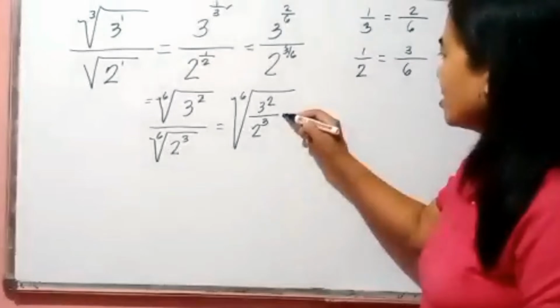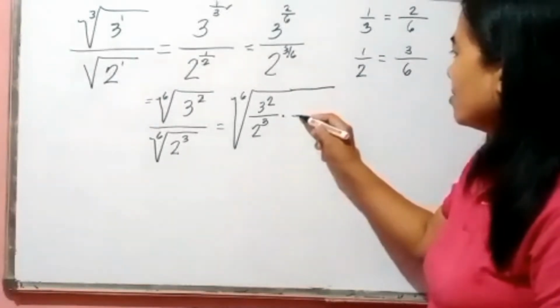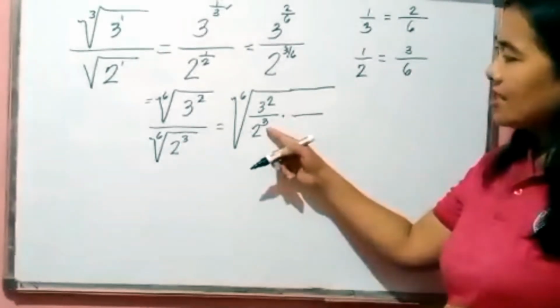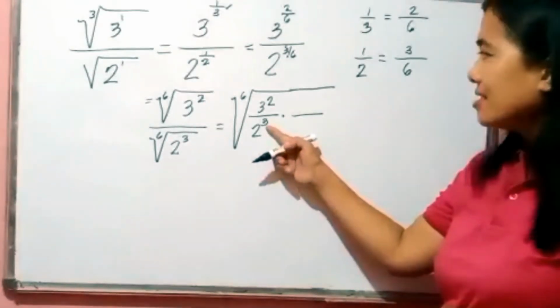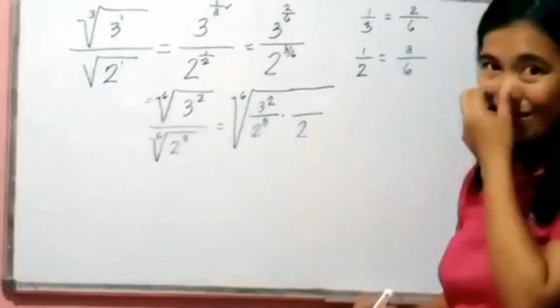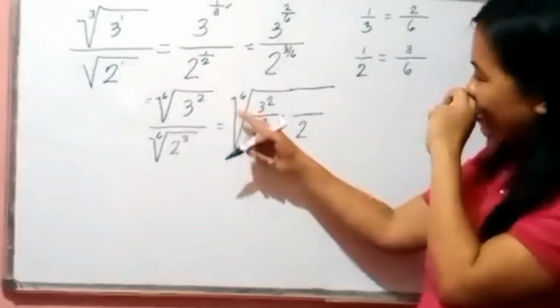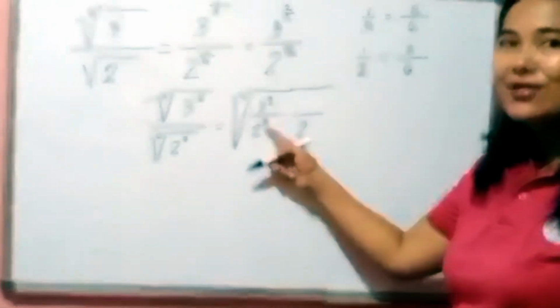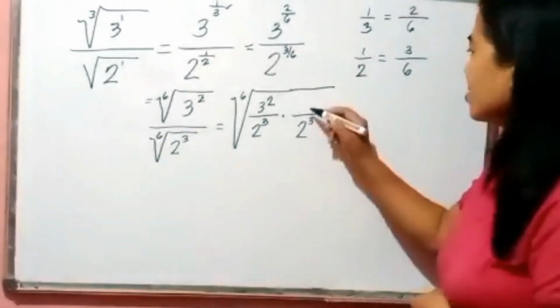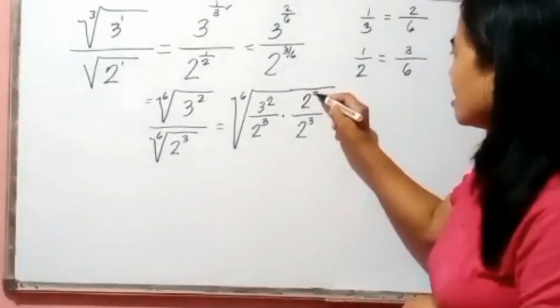So, kailangan natin mag-multiply both numerator and denominator. Ngayon, kasi 3 yung index natin, so kailangan natin ng isa pang index. Ano ba yan? 6 yung index natin. So, kasi 3 lang, so kailangan natin maging 6. Kulang tayo ng 3. Okay? So, yun dapat yung nasa taas.